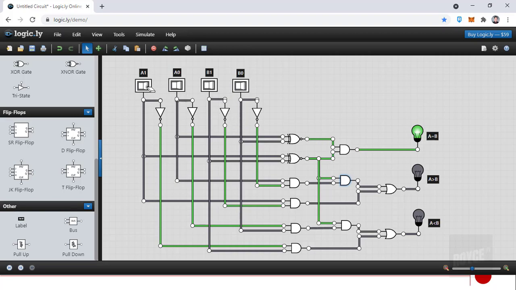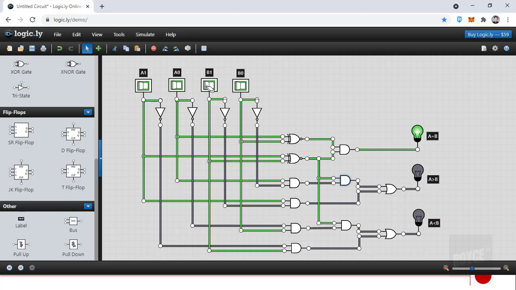What if 1, 0, 0, 0? So, i-on ko to. 1, 0, 0, 0. So, A is greater than B. Umilaw yung A is greater than B. What if 1, 0, tas 1, 1? Mas malaki na ngayon si B. Diba? Paano kung 1 lahat? Equal na naman sila. Diba?